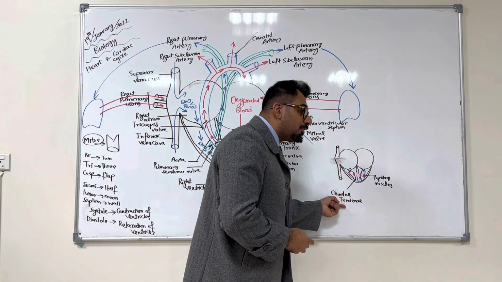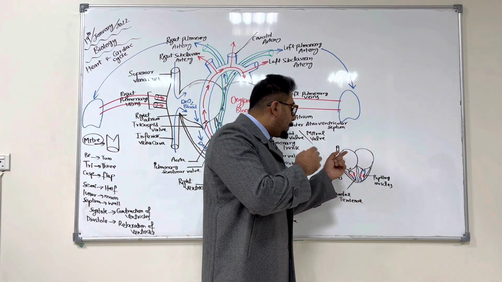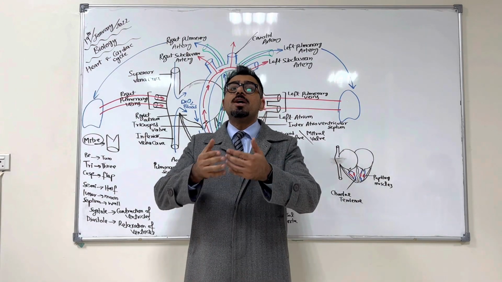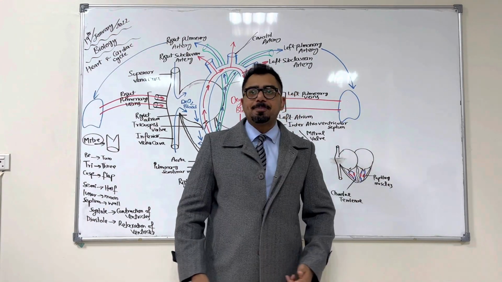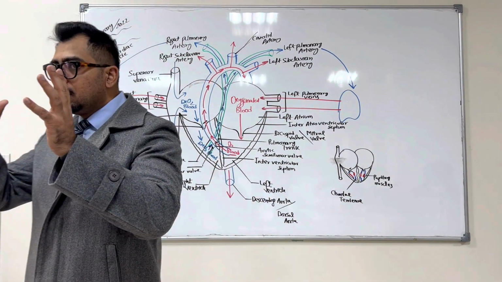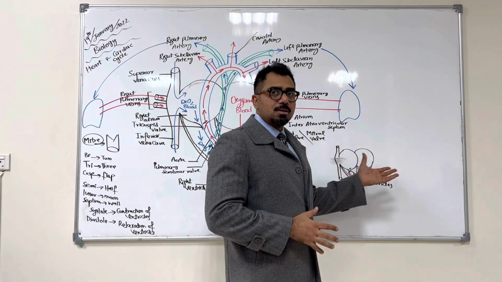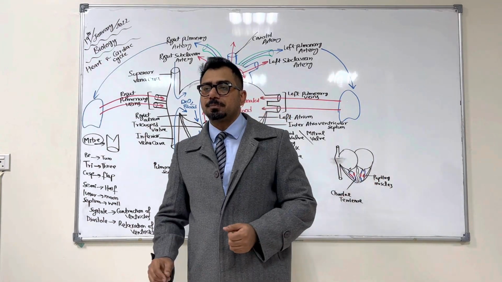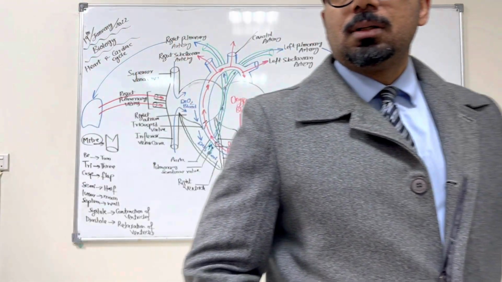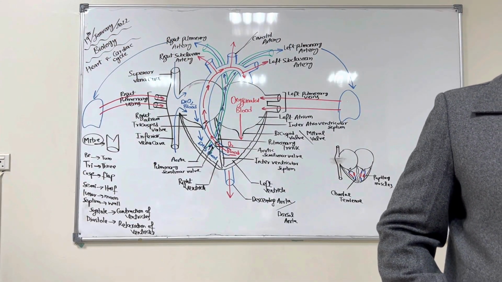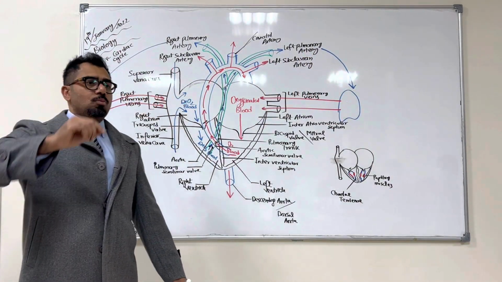Because of that, there will be a pull on chordae tendineae, right? And that pull will prevent the overturning of the flaps of the valves. Understood, everyone? So this is how these valves work. Yes? Is chordae tendineae singular or plural? It's plural. Chordae tendineae is plural. Very good question. Next thing, boys.